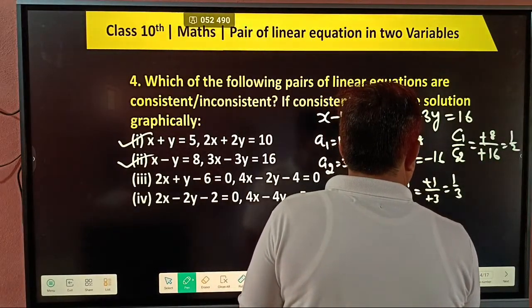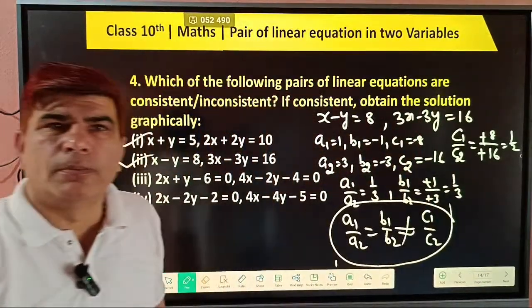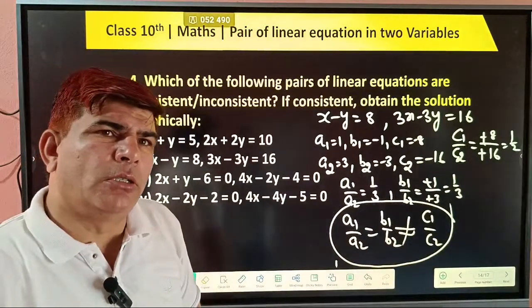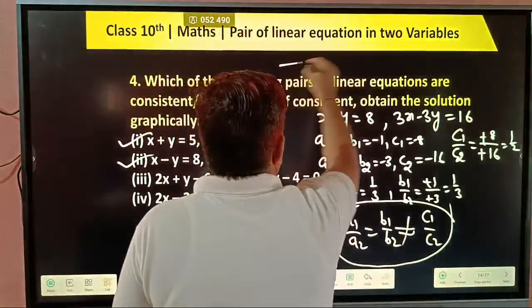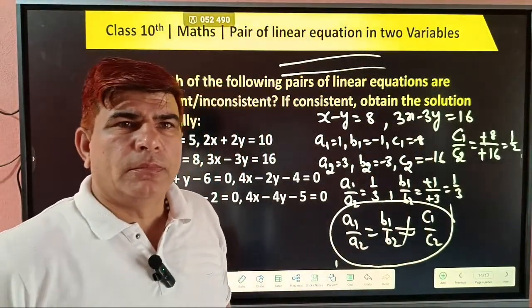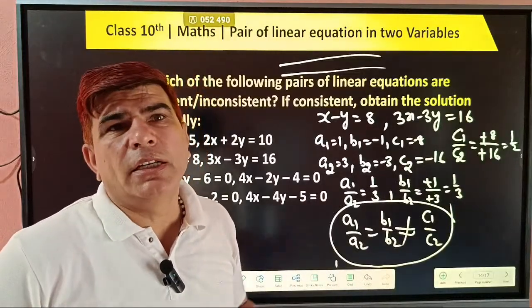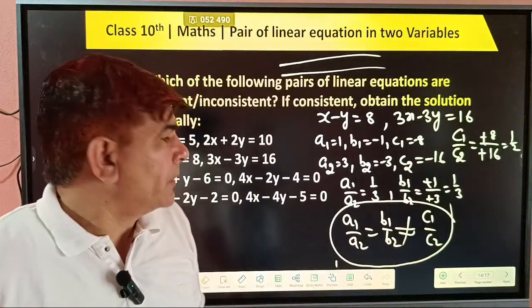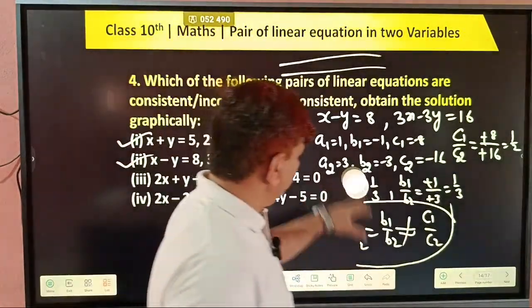This is not equal to c1 by c2. So how many solutions? No solution. And what type of graph? The graph is two straight lines parallel to each other. Understood? Consistent or inconsistent? If no solution, definitely inconsistent.